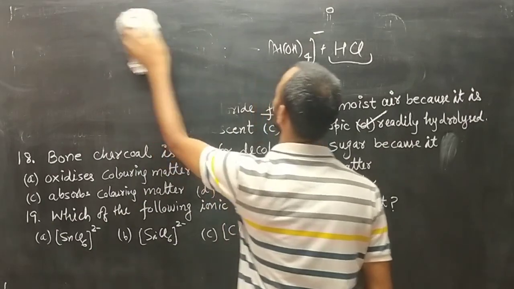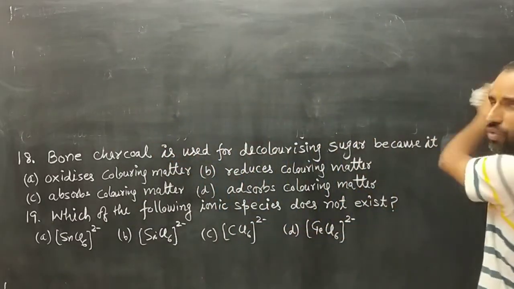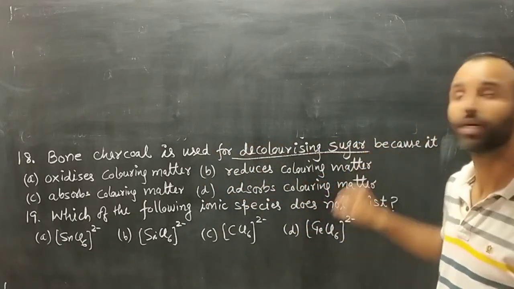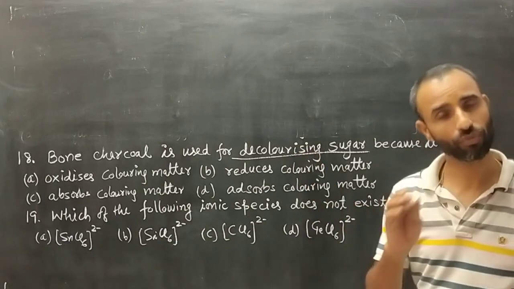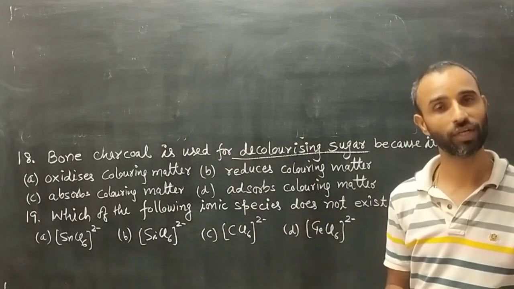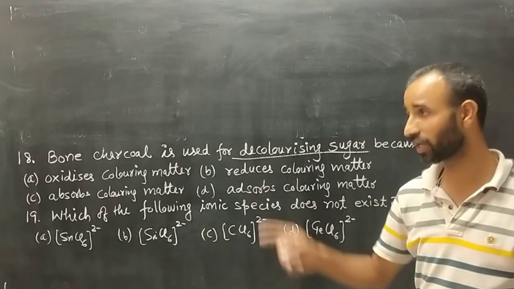Now come to the next. Bone charcoal, also called animal charcoal, is used for decolorizing sugar. This is a question of surface chemistry as well as p block, because charcoal is an application of carbon, so it comes under group 14.